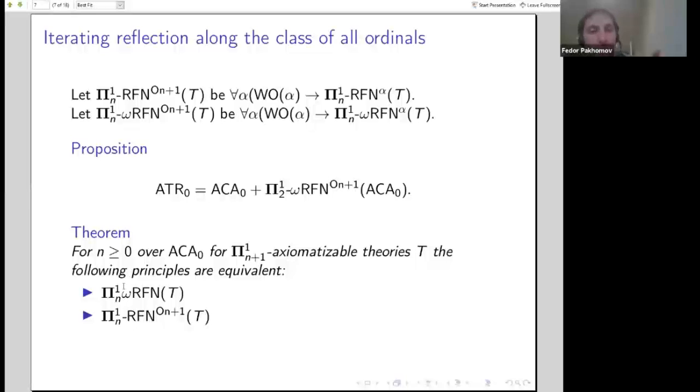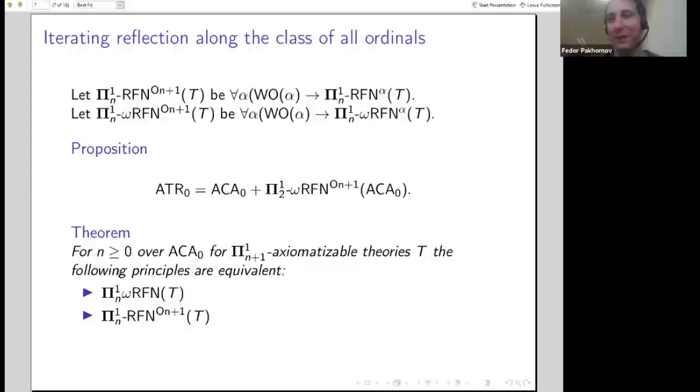Okay, so now we're getting to this main technical lemma, and this is the correspondence between omega model reflection and usual reflection, and in fact it's very simple. Namely, Π1n omega model reflection for Π1n plus 1 axiomatizable theories is the same as omega plus one time iterated usual reflection for the same theory.